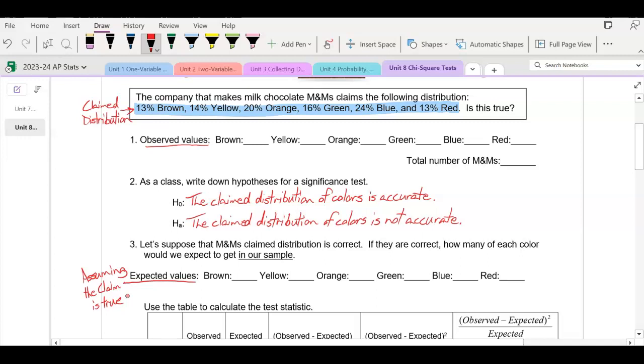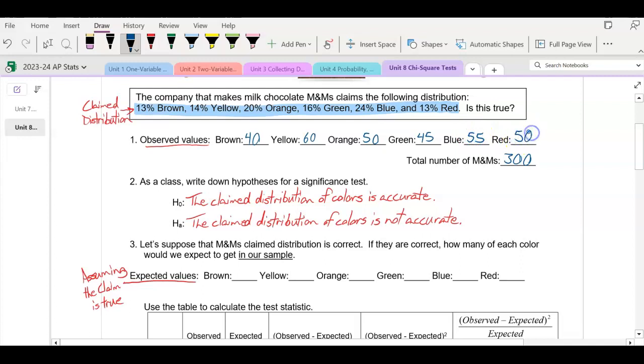Now, I'm going to make up some numbers up top just so that we have something to work with here. Let's say that we've got a total of 300 M&Ms, and out of these 1, 2, 3, 4, 5, 6 different colors, let's say we had 40 and 60 and 50 and 45 and 55 and 50.